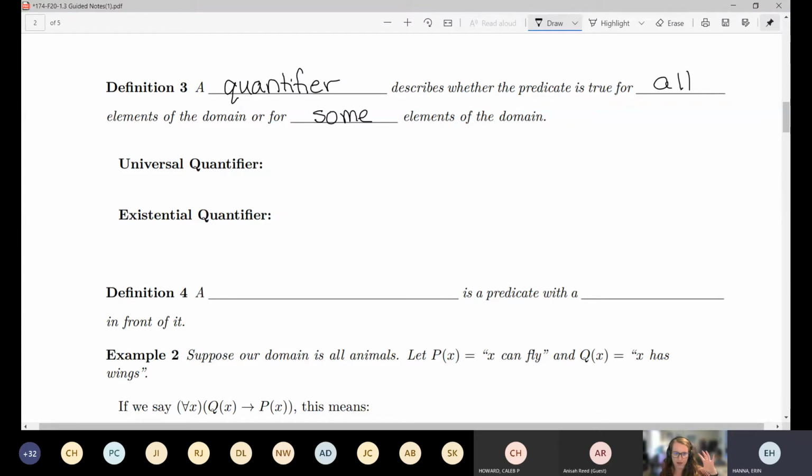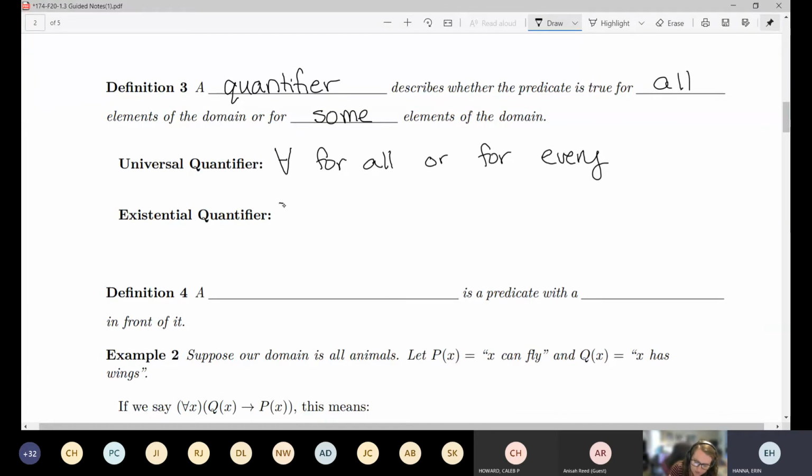So we have these two very important types of quantifiers: a universal quantifier and an existential quantifier. The universal quantifier looks like this, an upside down A. This essentially means for all or for every. So whenever we see this upside down A, that means for every single thing we could plug in, the following thing must hold.